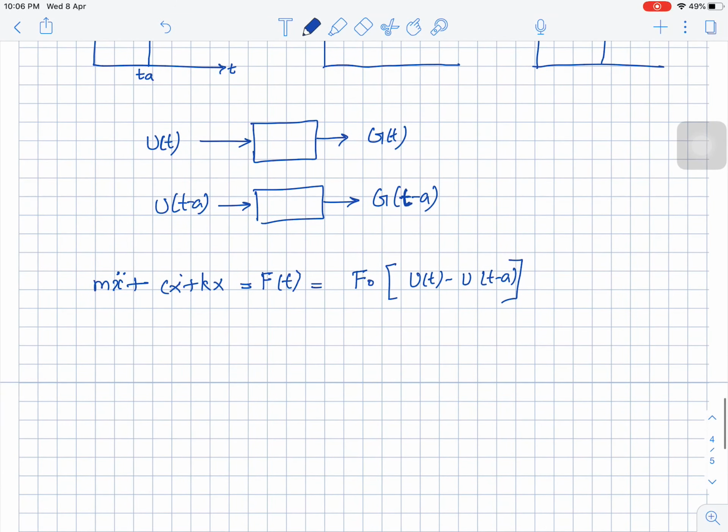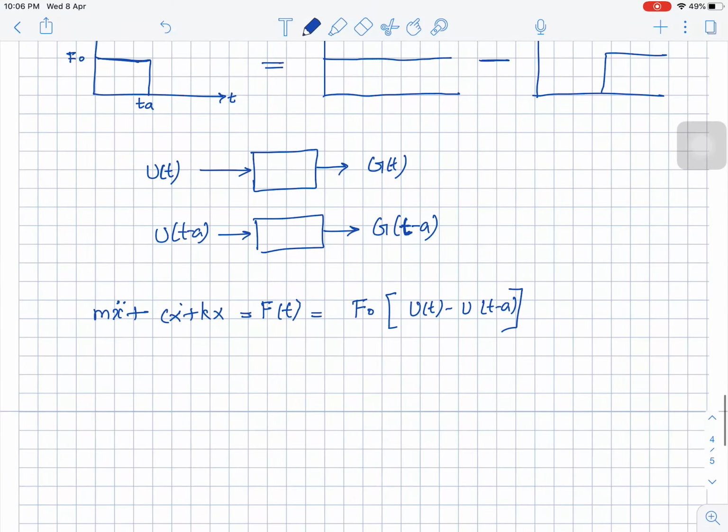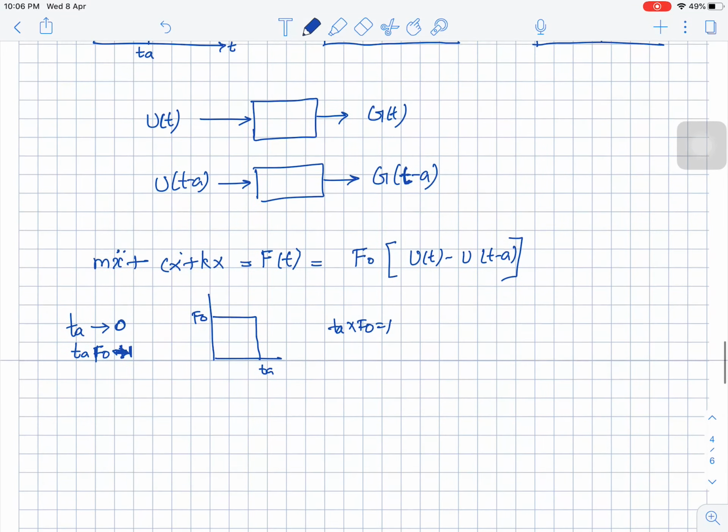So now what I'm interested in, I'm interested in decreasing this ta to very small, and ta into f naught product should be 1. So this is my conditions. If I do that, so ta into f naught equal to 1.